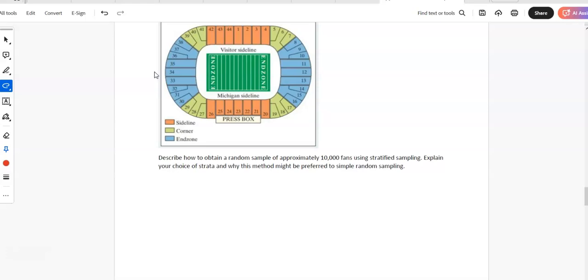There are three different strata. Those are similar areas you might sit in, so that makes sense. Within each stratum, you're going to do a simple random sample, ask your questions, collect it, and then compile the data.